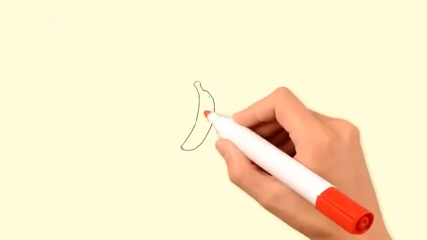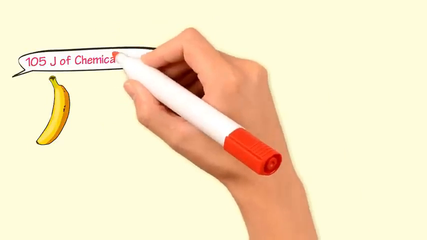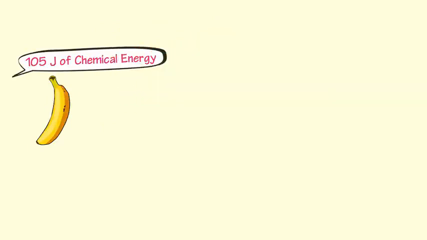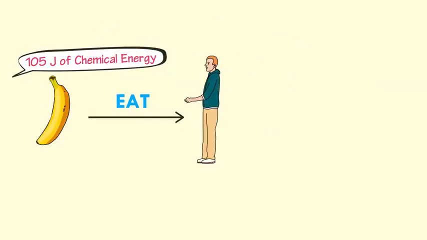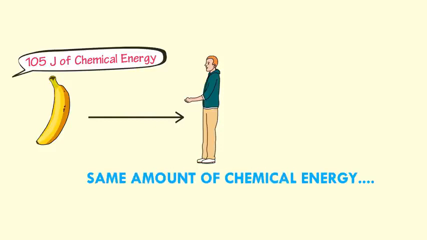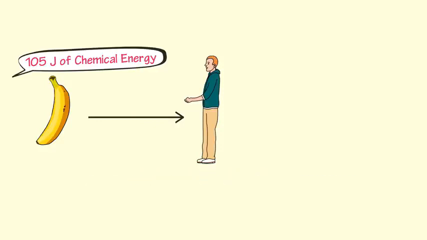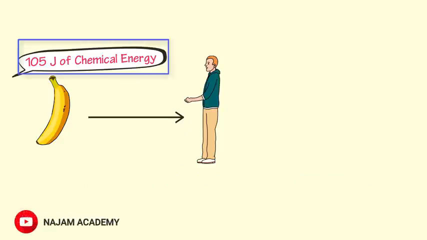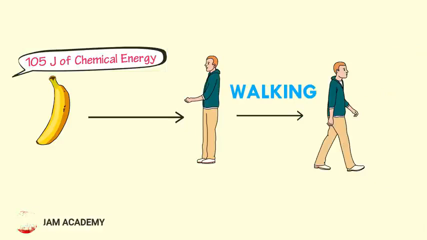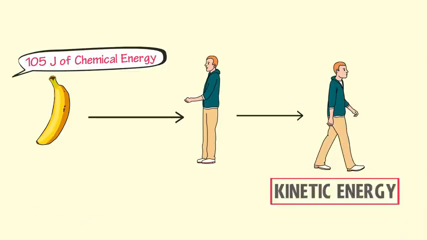Let's consider that a banana contains 105 joule of chemical energy. When you eat this banana, you get the same amount of chemical energy from the banana. I mean, you get 105 joule of chemical energy. Now you start walking. Here you are in motion, so you possess kinetic energy.